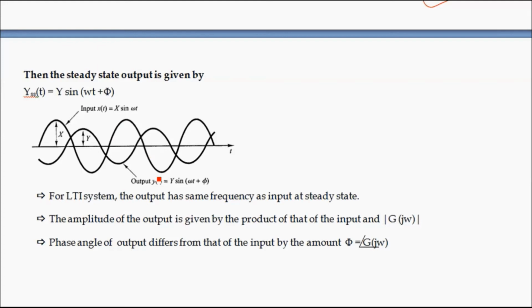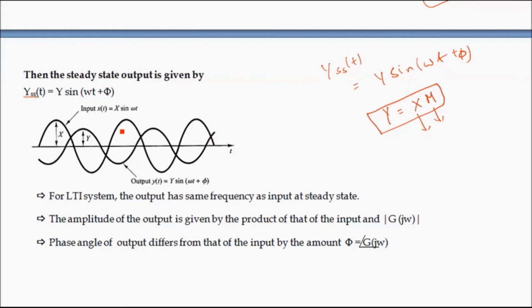And the output is y(t) equal to Y sine(omega t plus phi), that is y_ss(t). In fact it's the steady state, so y_ss(t) is equal to Y sine(omega t plus phi), where Y is equal to X into M.